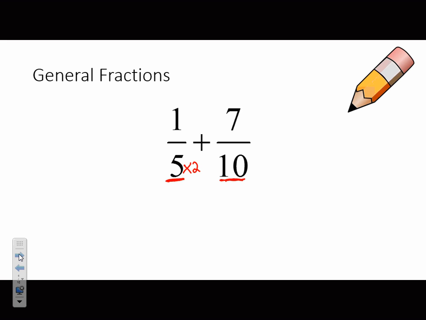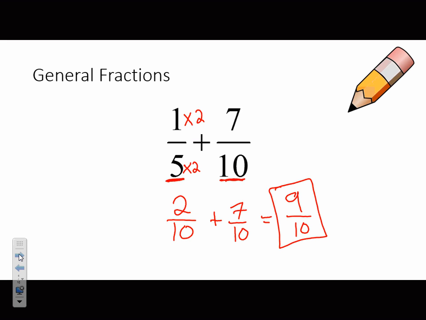But if we do something to our denominator, we have to do it to the numerator on the top. So we take the top times 2. When we do that, we get 2 over 10 plus 7 over 10, which equals 9 over 10. So in order for us to add or subtract, we have to have a common denominator.